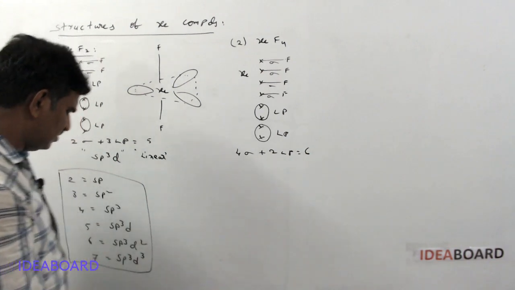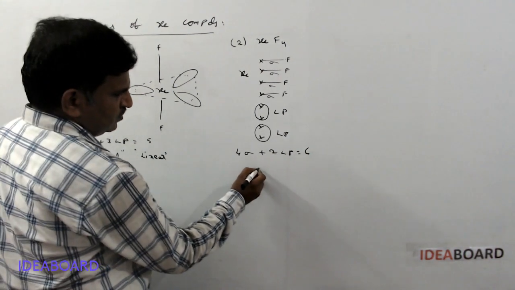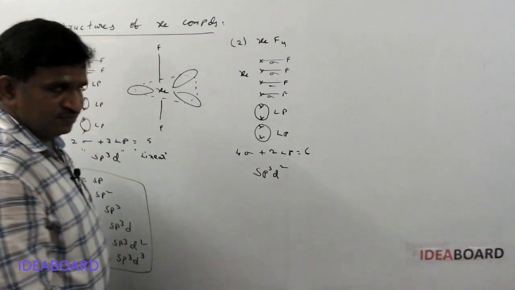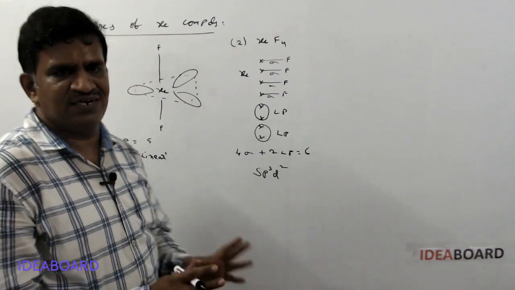Total 6 means what is the hybridization? sp3d2 hybridized. The actual shape as per the hybridization would be octahedral.